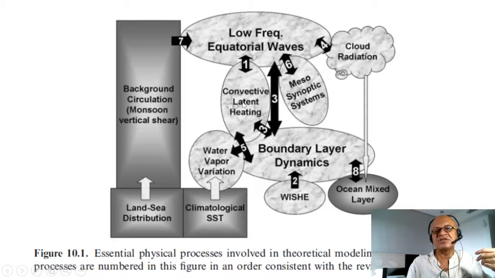These numbers are the processes which we will look at later. So the convective latent heating, and there are low frequency equatorial waves. So we will see that the Kelvin waves and the Rossby waves, which are lower frequencies, Kelvin wave is of course much faster than the Rossby wave, but still they are slower than the synoptic timescales we will consider.